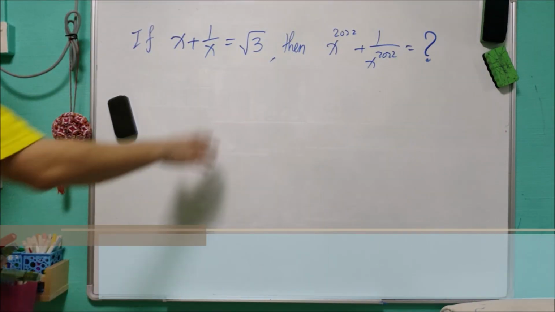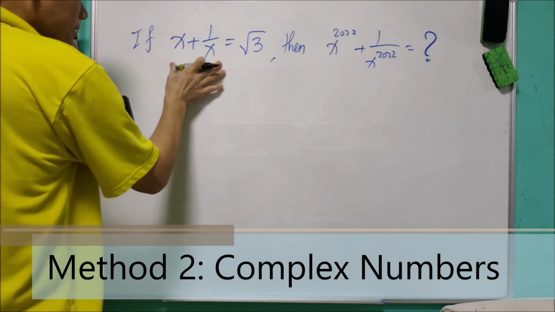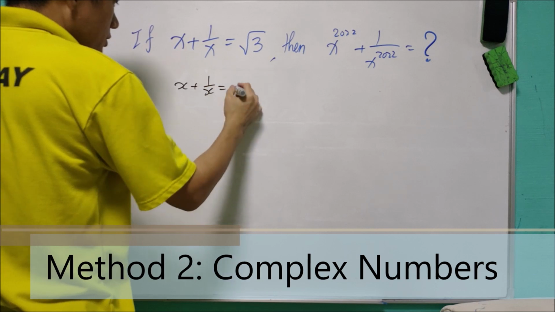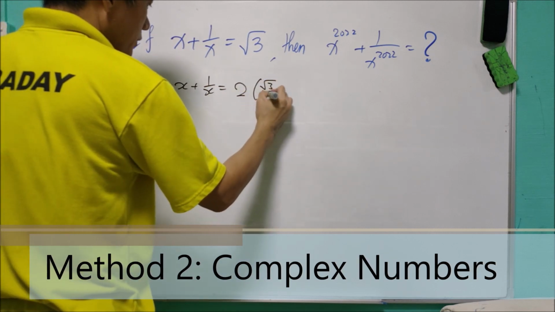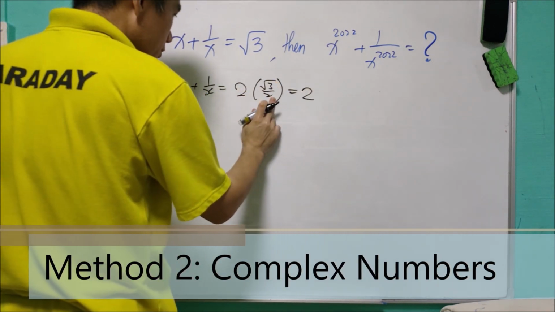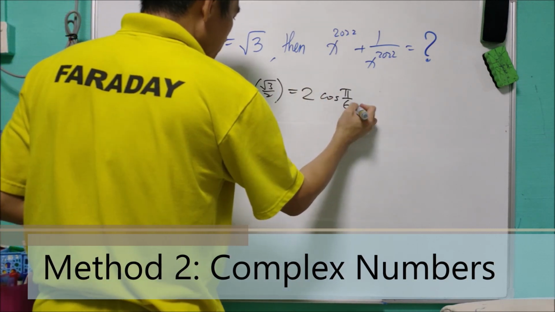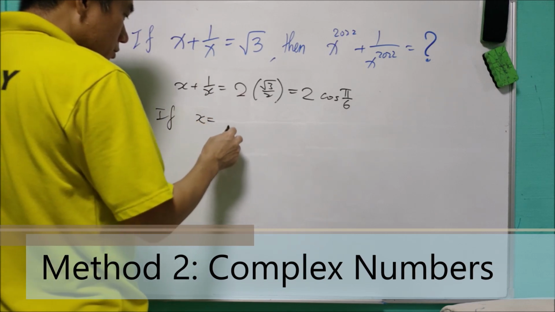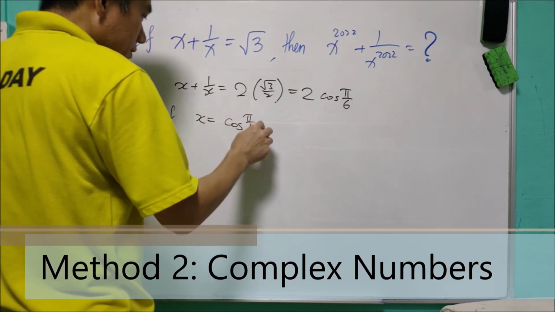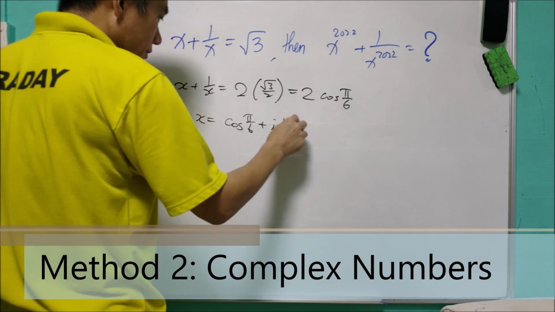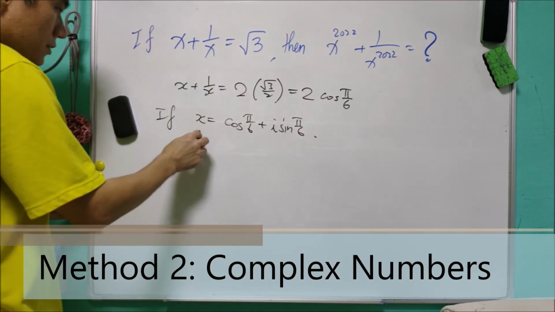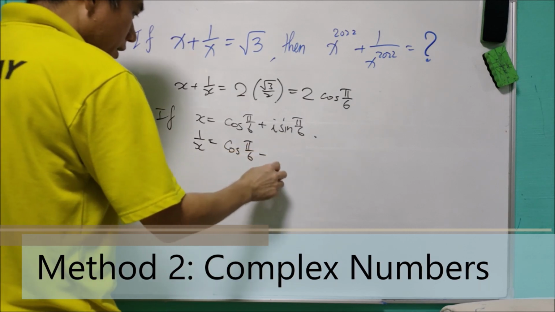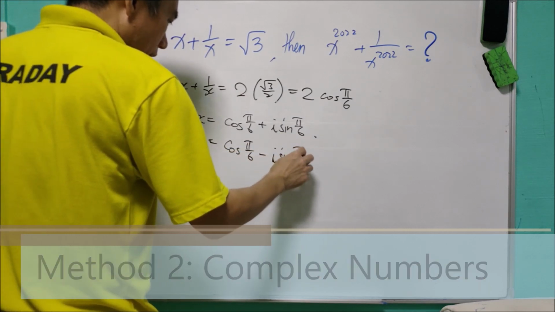And for method 2, we note that x plus 1 over x equals square root 3. Square root 3 is actually equal to 2 times square root 3 over 2, and square root 3 over 2 is equal to cosine pi over 6. If we let x be equal to cosine pi over 6 plus i sine pi over 6, then 1 over x will be equal to cosine pi over 6 minus i sine pi over 6.